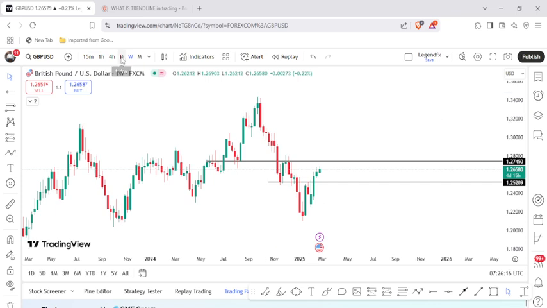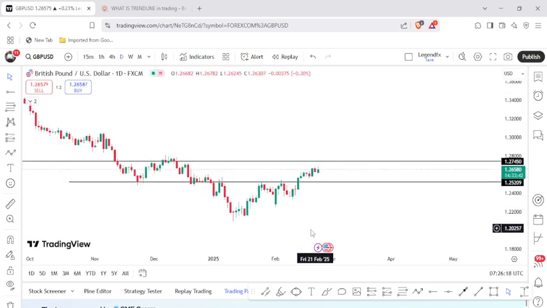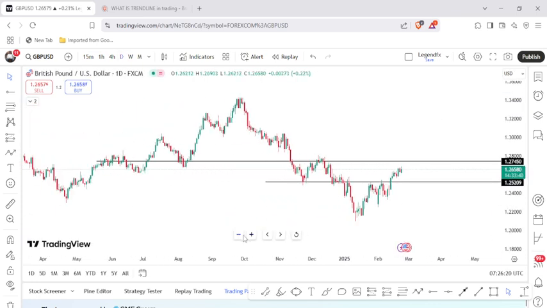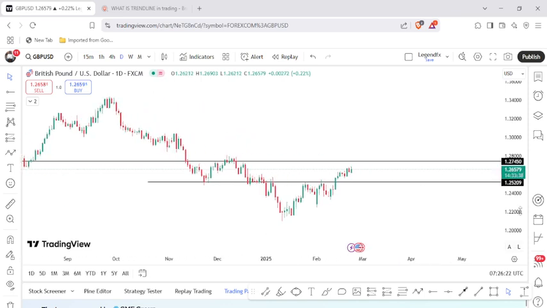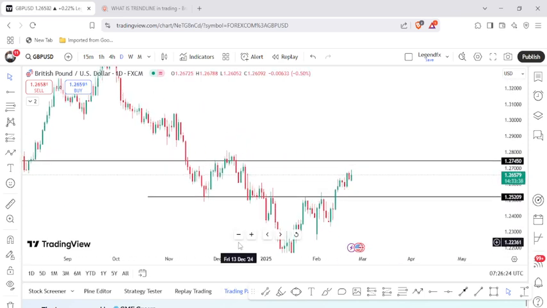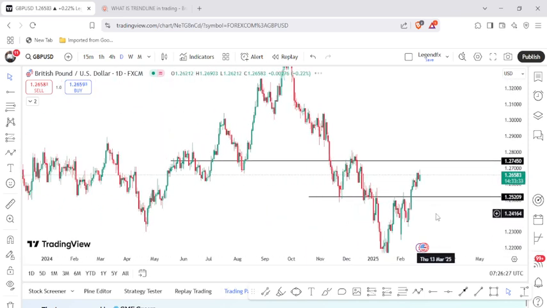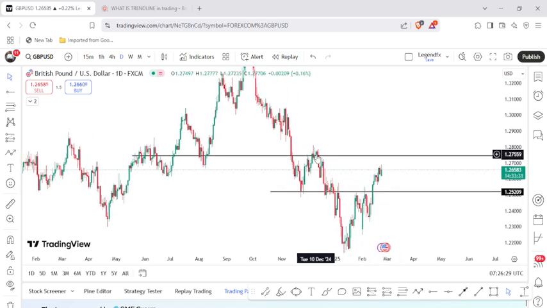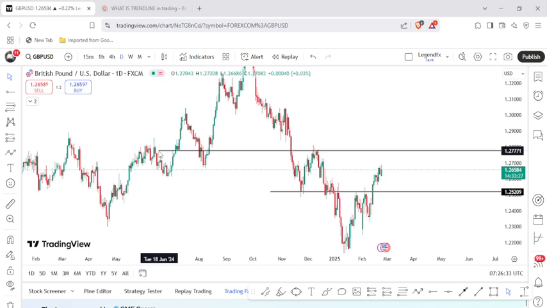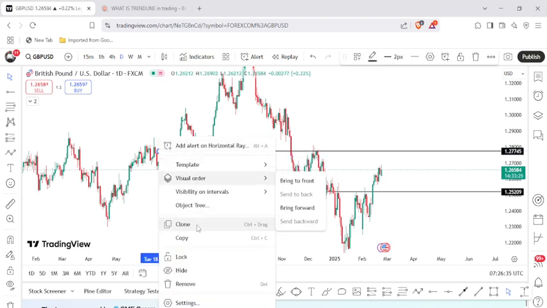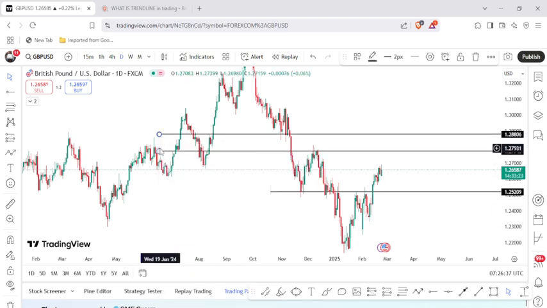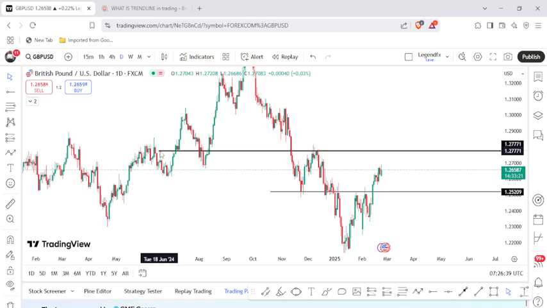And now let me go to daily, and you will see what I'm saying. You can see that the market broke down. This is the zone here that we've gotten from our weekly time frame. Let me quickly adjust it the way I normally do my things so that it will look pretty good.